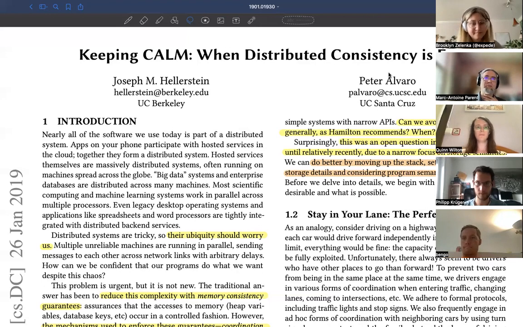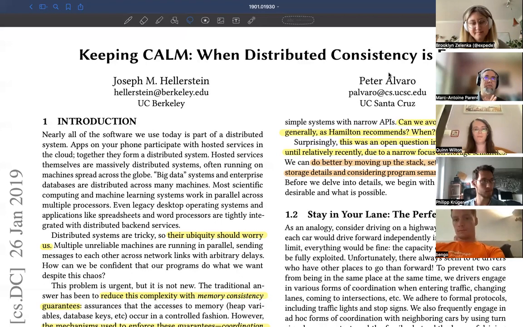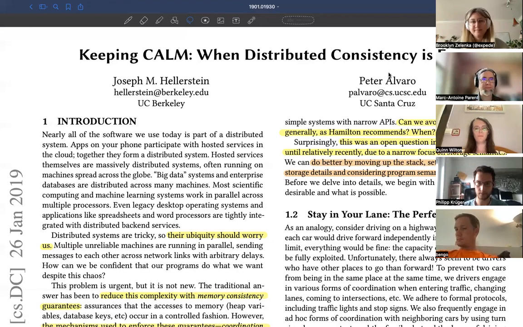Then they use the fact that we're using a relational database or relational operations to define what monotonicity means specifically in this execution environment, and then using that they can show that things are monotonic, and then to show the opposite direction, they show that you need to coordinate things.